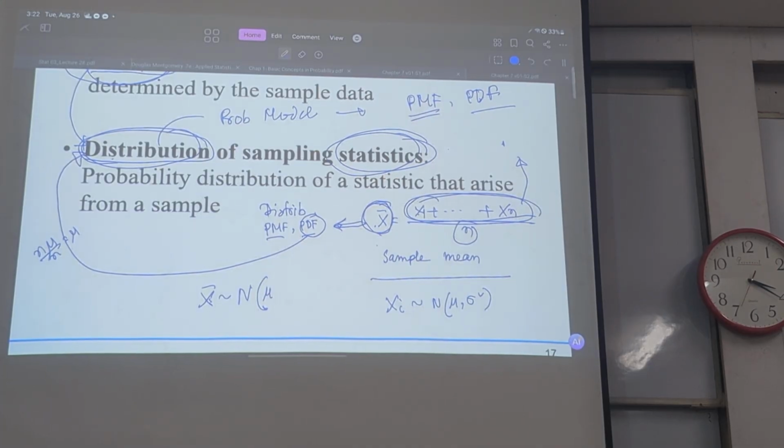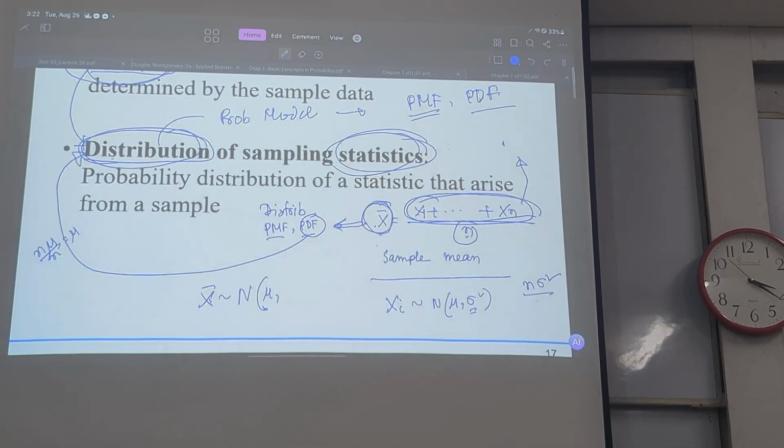What is the variance? Since x1, x2, xn are IID, their variance will be the sum of their variances. What is the variance? Sigma square. Sum will be what? N sigma square.